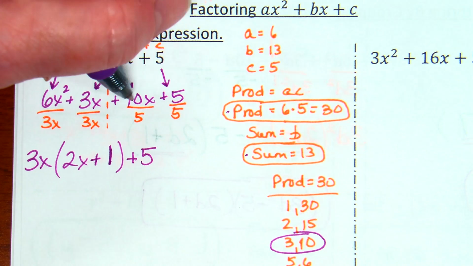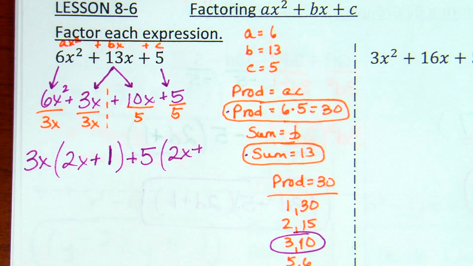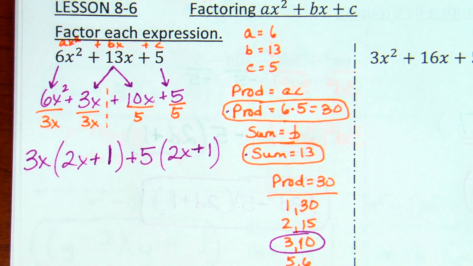That's going to be 2x plus 5 divided by 5 is 1. They match, so I know I did it correctly. But we still have to write our final answer.